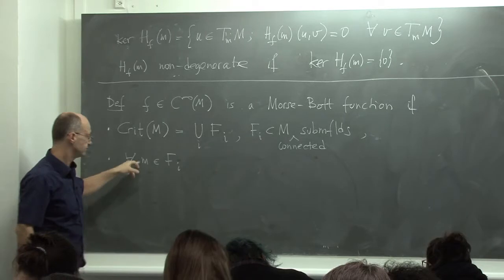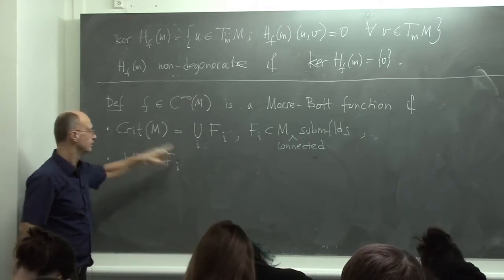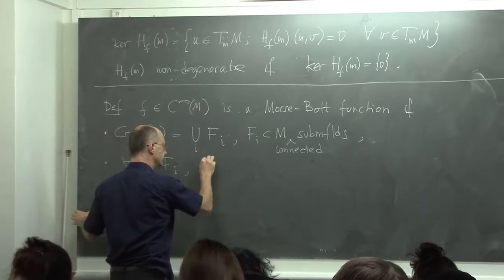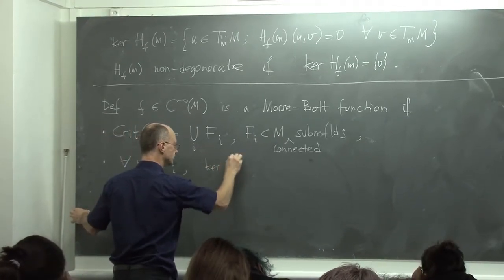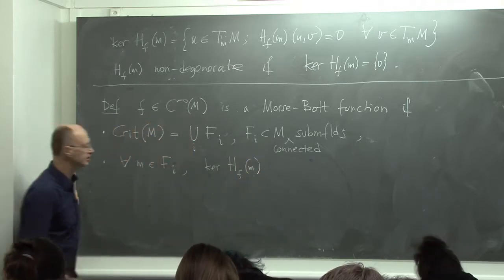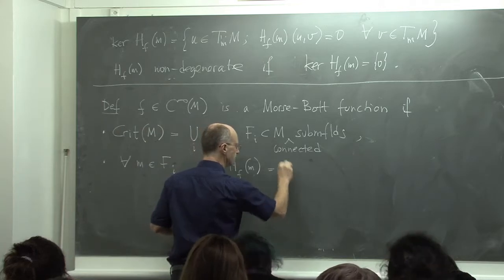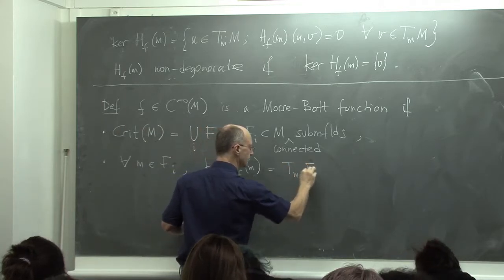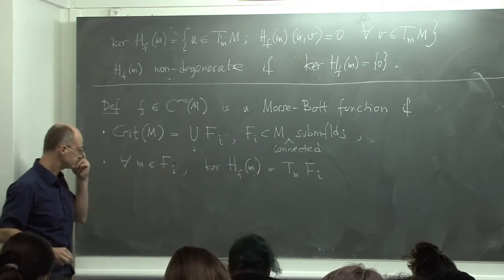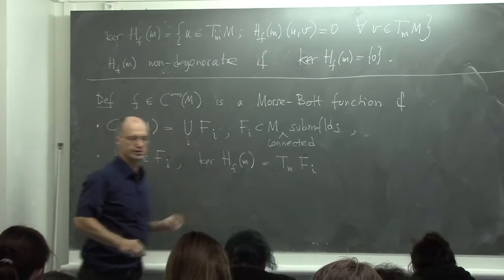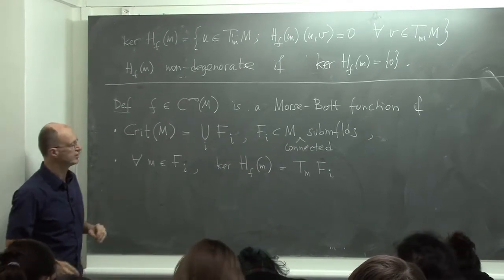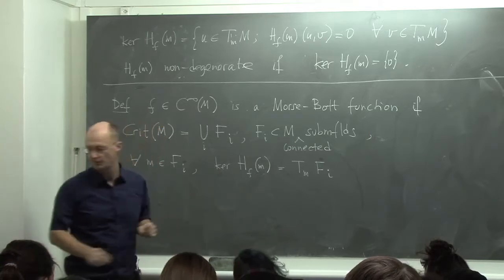Let's choose a point on one of those critical submanifolds. So we want the kernel of this Hessian bilinear form to be exactly the tangent space to this critical component. So that's roughly what we want.